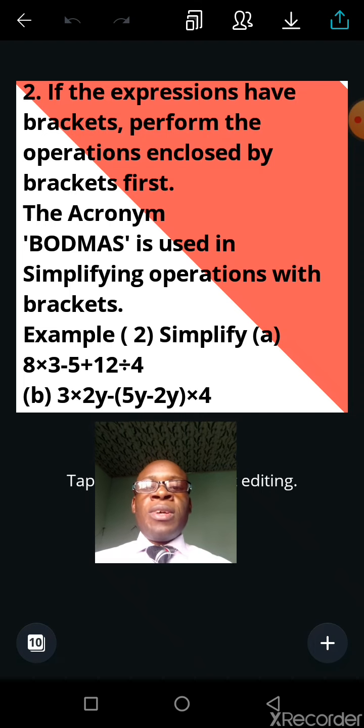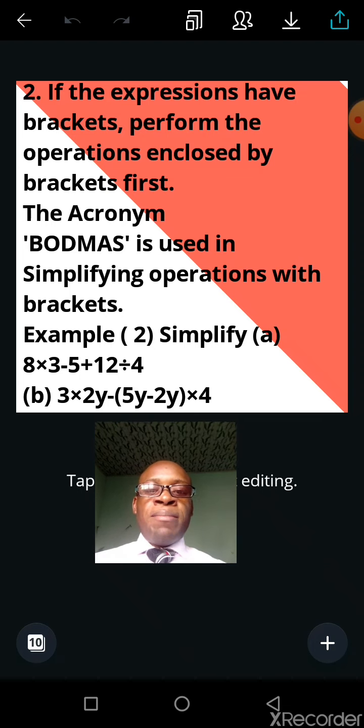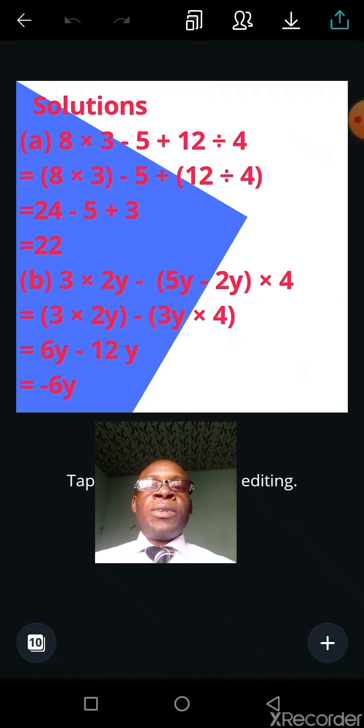Example 2. Simplify: A, 8 times 3 minus 5 plus 12 divided by 4. B, 3 times 2y minus bracket open 5y minus 2y bracket close times 4. Solutions. A, 8 times 3 minus 5 plus 12 divided by 4. We have to bracket the multiplication and division as earlier instructed.